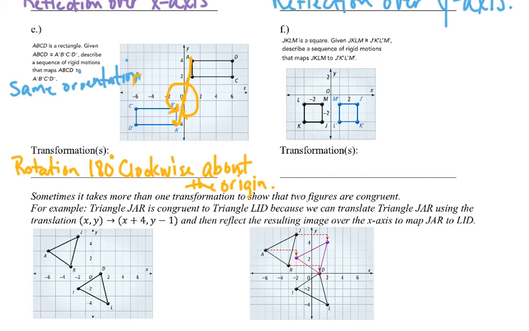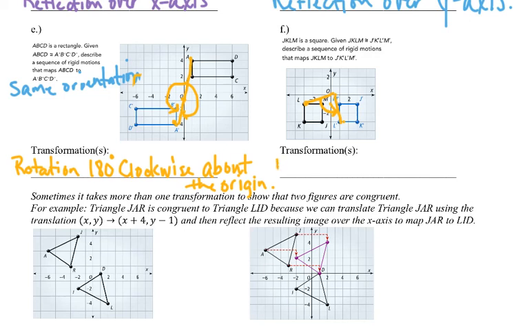To find the angle of rotation, we take a point. Let's take the point L, connect it to the origin, and then to L prime. So we are going from L to the origin to L prime, and I am going in this direction, so that is counterclockwise, and that's a 90-degree angle.